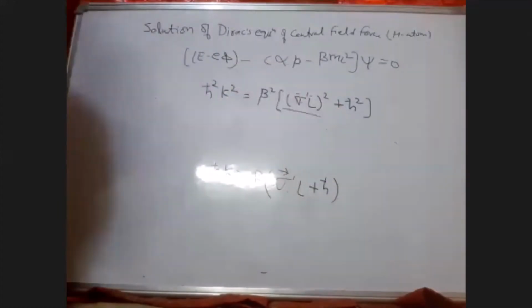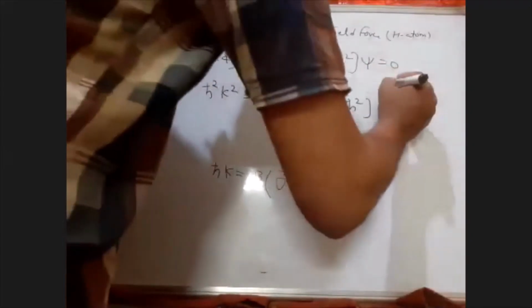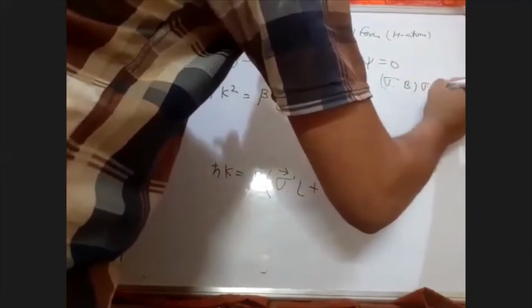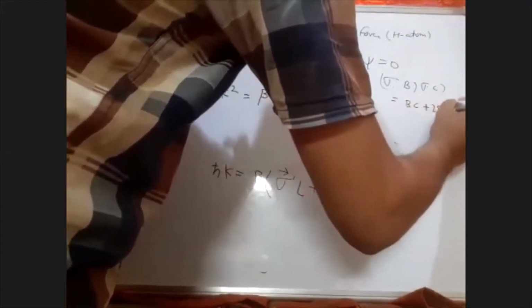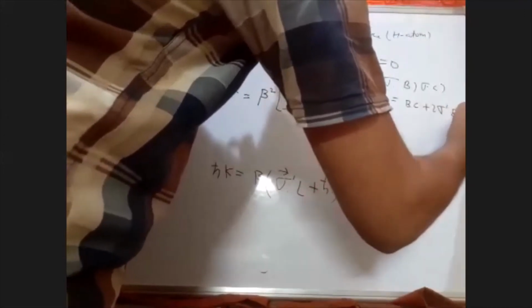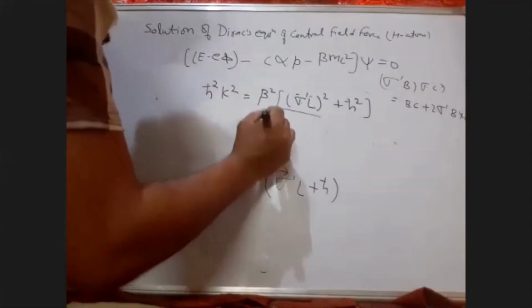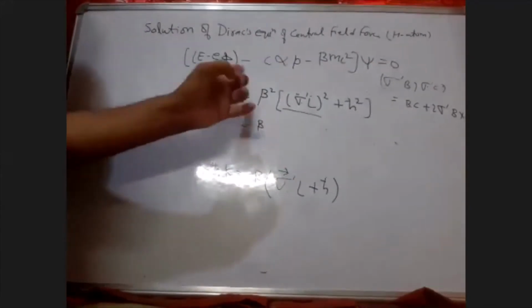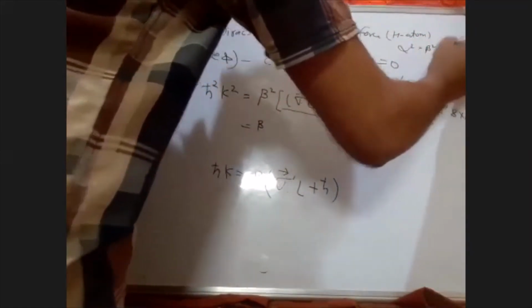This term can be expanded using the identity sigma dot B sigma dot C is equal to B dot C plus i sigma dash B cross C. We know the basic properties of the Dirac matrices beta and alpha: alpha square and beta square are equal to 1.